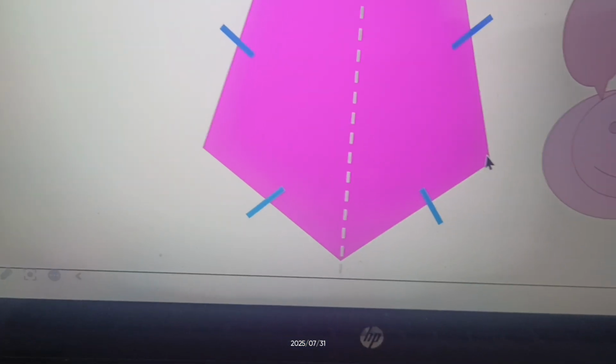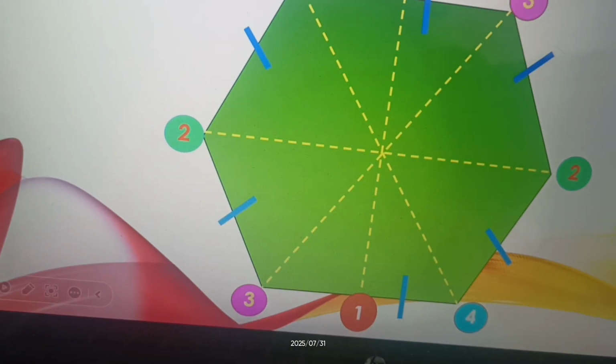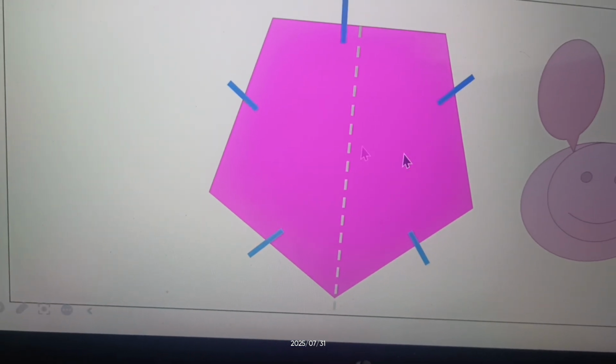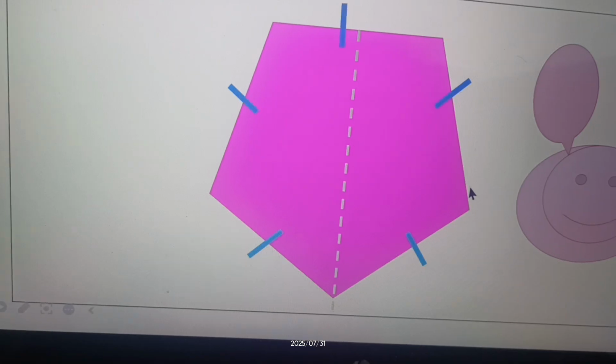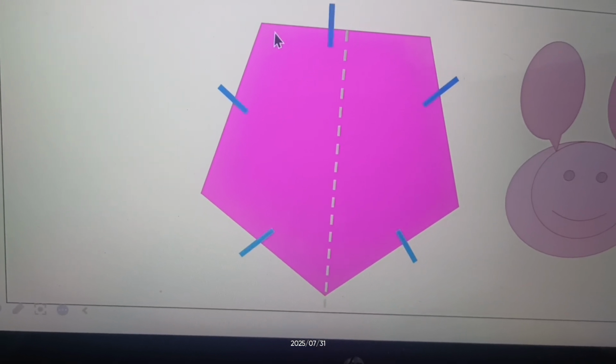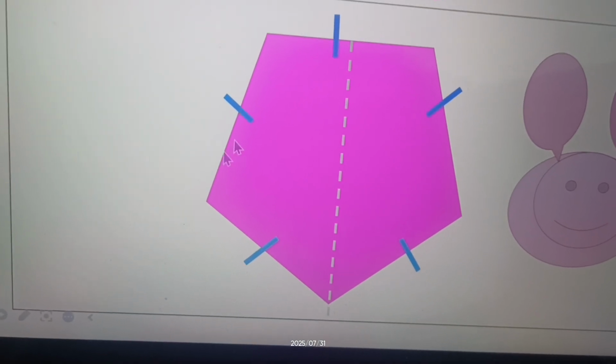Then after that, connect 2 lines in the bottom part. Then you can draw it easily as a symmetrical object.